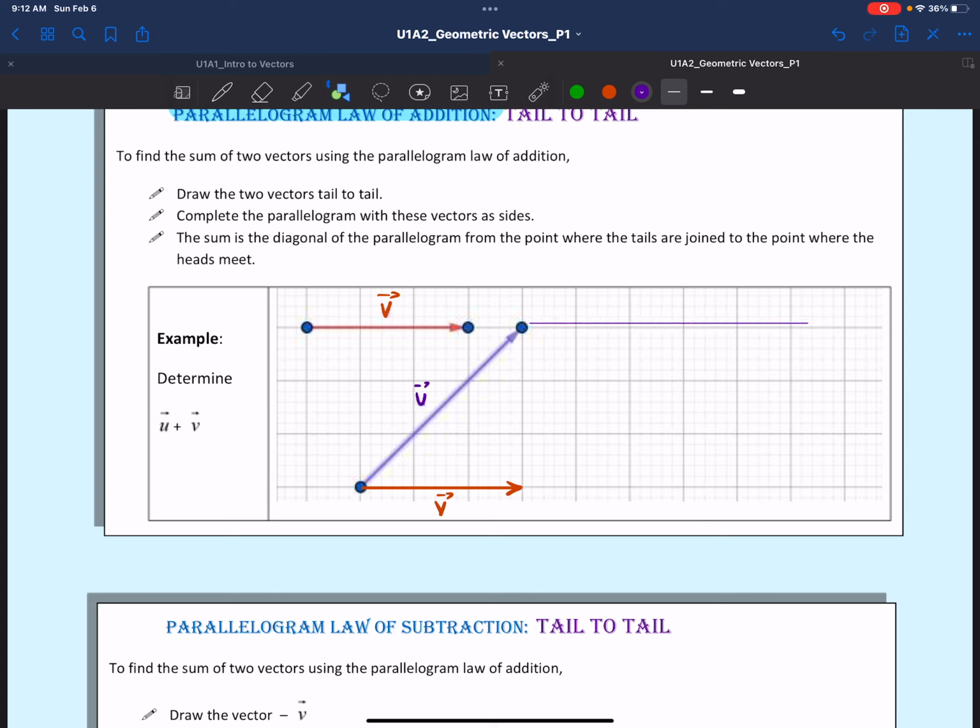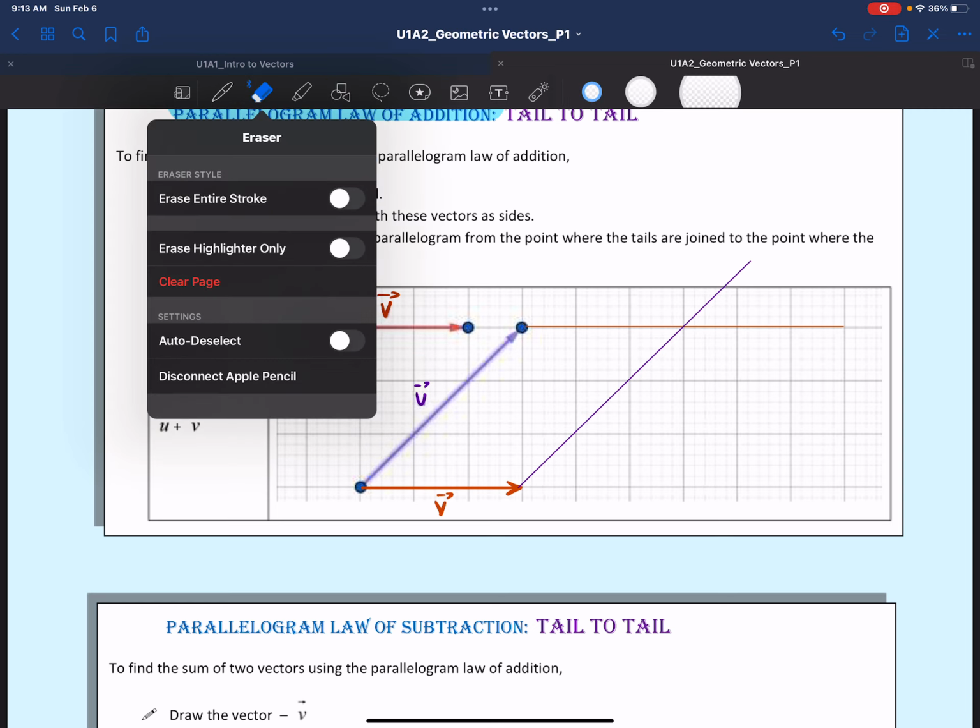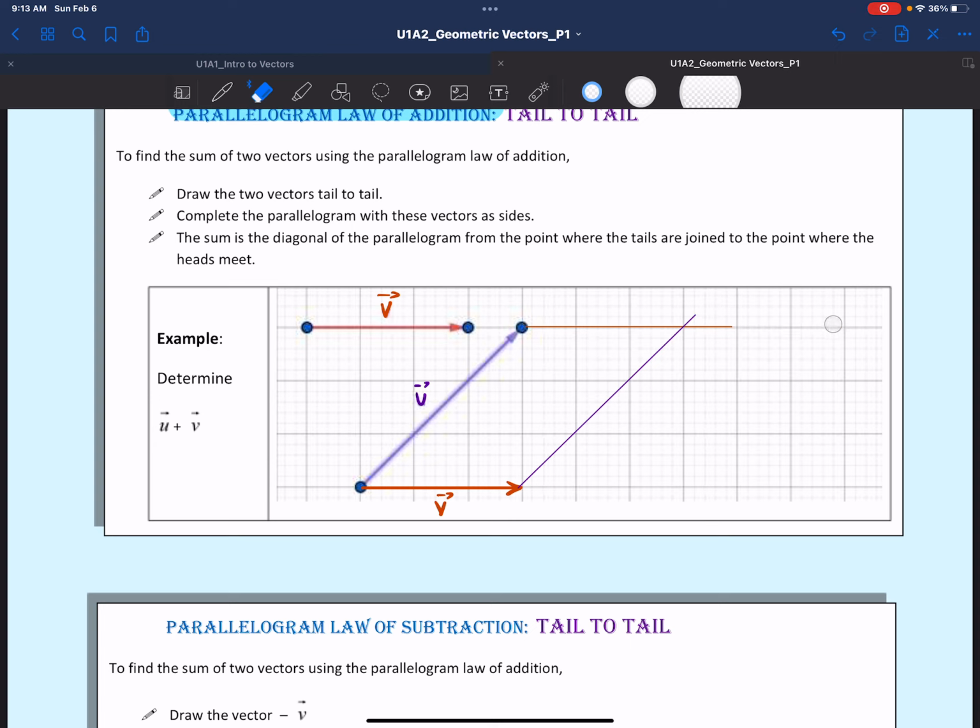So I will draw one line parallel to vector v. And here goes another line parallel to vector u. Now we have created a parallelogram, so I'm going to delete the rest of the line that I don't need.